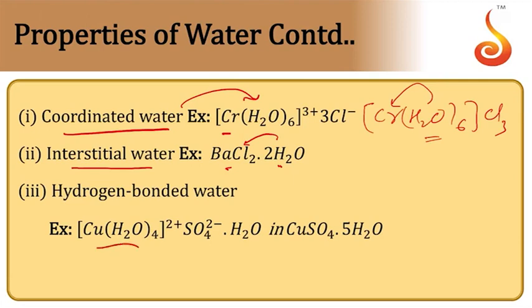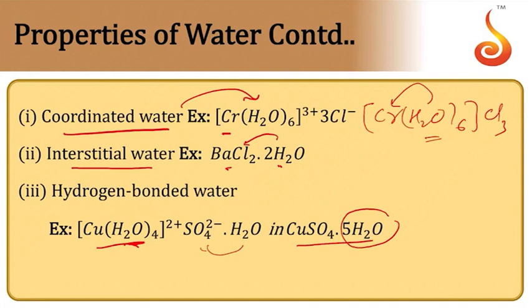When you take copper sulfate pentahydrate, which is blue in color, in the entire structure copper is coordinated with 4 water molecules, and sulfate forms a hydrogen bond with 1 water molecule. So of the 5 water molecules in copper sulfate pentahydrate, 4 are coordinated with the copper ion, and 1 forms a hydrogen bond with the sulfate ion.